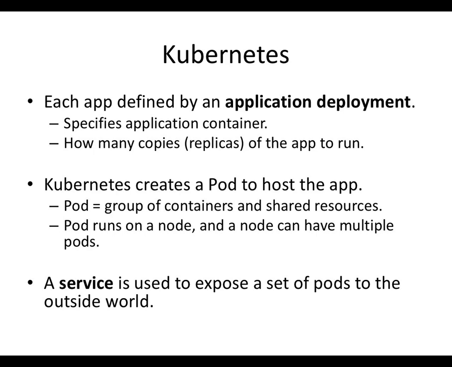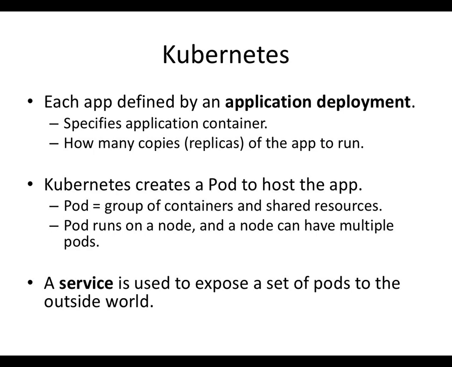As part of our application deployment, we would say, I want an Nginx application container. And then I would also specify how many copies of that container I want to run. Because I might not want to run just one Nginx container. Maybe I want to run 5 of them or something. And I want to load balance my requests across all of those application containers for high availability and fault tolerance and performance reasons.